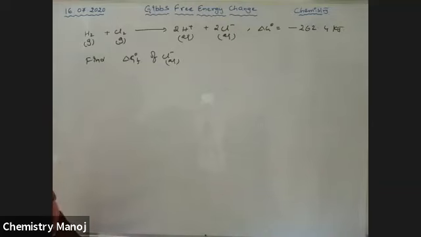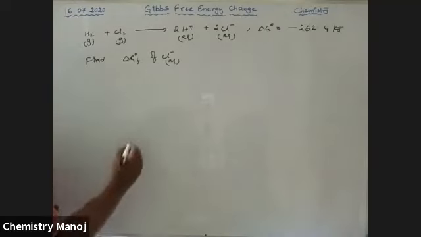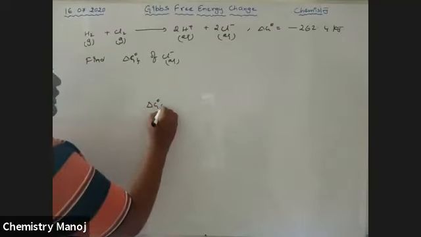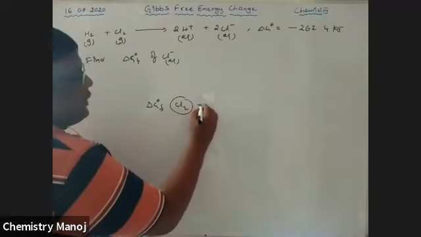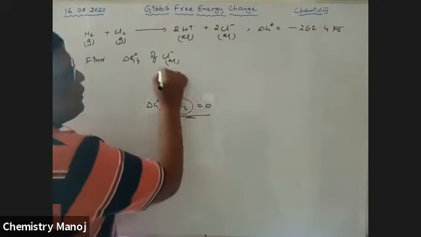For this, I just now completed the theory. Dheeraj, you are correct. Others wrong. Uday wrong. Roshan, Aditya, all of you wrong. Final point: I am giving delta G naught f of Cl2 is equal to 0, but not Cl-.